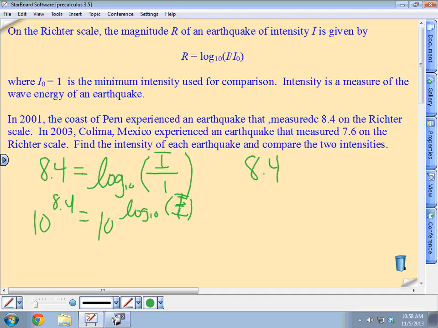So all you had to do was take 10 to the 8.4, which equals a big number. If you made it E to the 8, whatever E is, the calculator gives 2.51189E8.